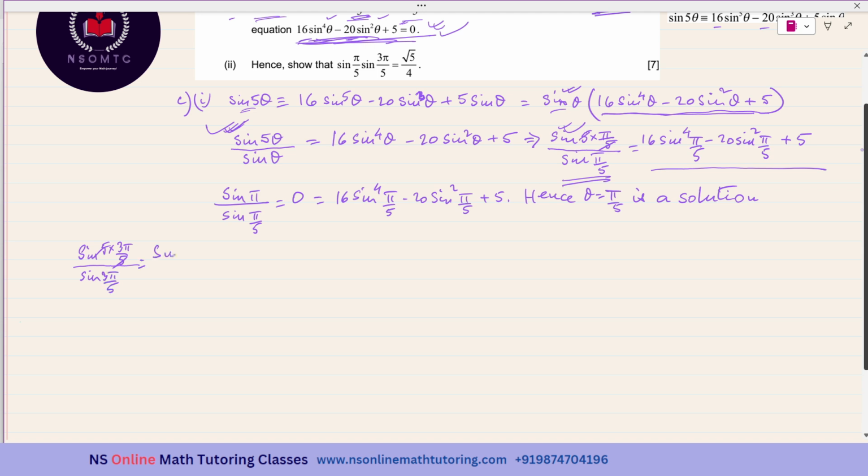So sine 3 pi over sine 3 pi over 5 equals 0, which equals 16 sine to the power of 4 of 3 pi over 5 minus 20 sine square 3 pi over 5 plus 5. Hence, theta equal to 3 pi over 5 is a solution.